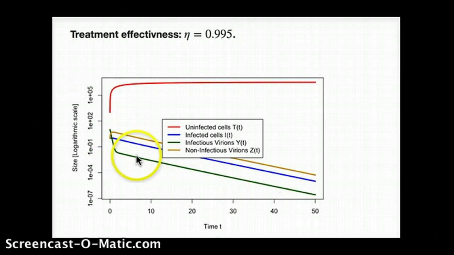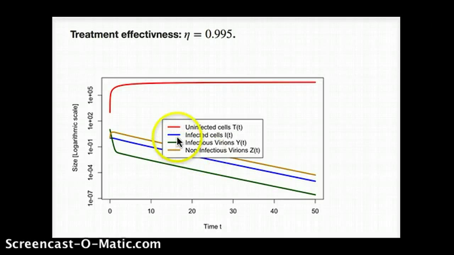And what we see in this case, where eta is extremely close, I mean, this is more than 99% effectiveness, right, is that it is possible to basically perturb the system away from something that looks like an endemic equilibrium, perturb the stability of that steady state, and basically force the time solutions out of the basin of attraction of an endemic equilibrium into the basin of attraction of a steady state that is free of infection.